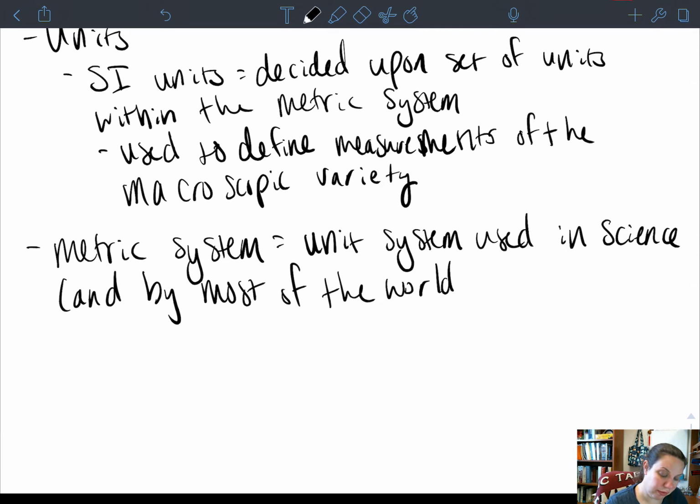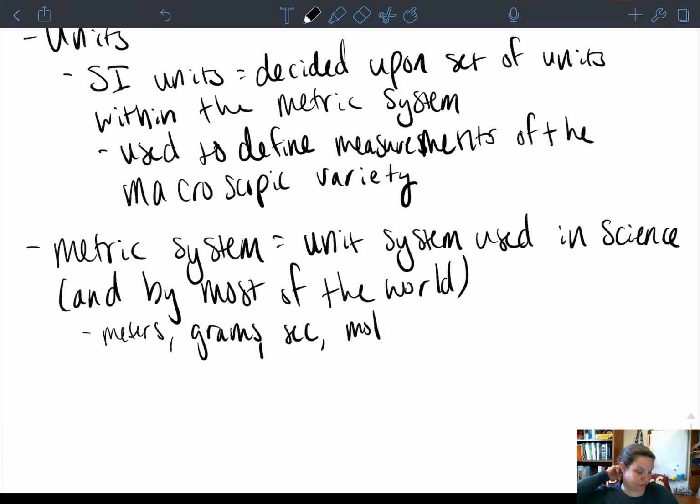So this includes things such as meters and grams, seconds, moles. All of these are considered metric units.